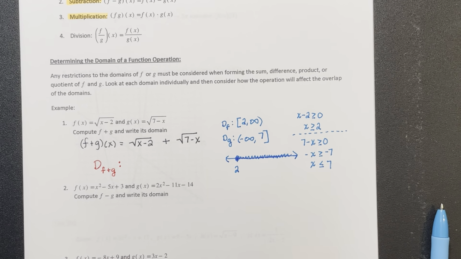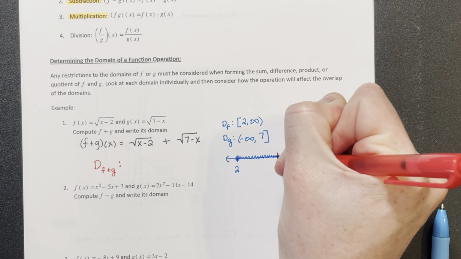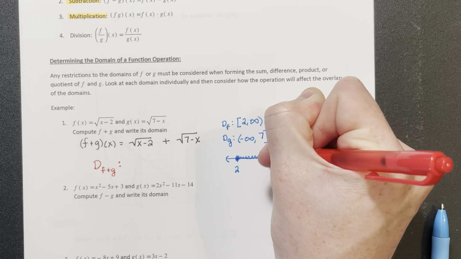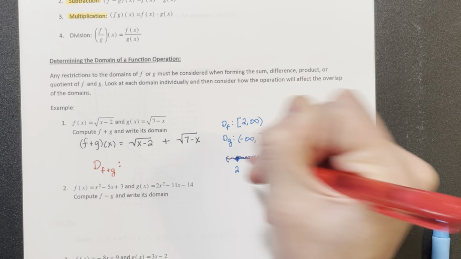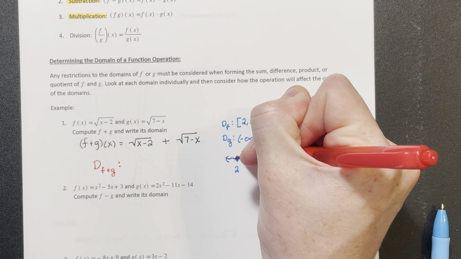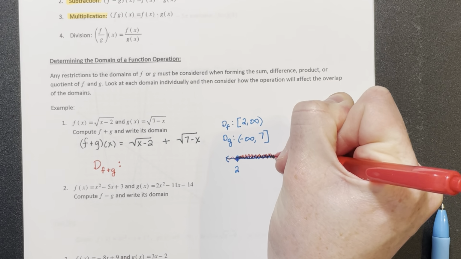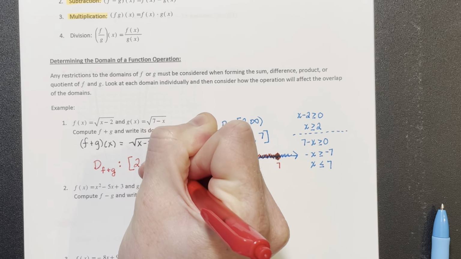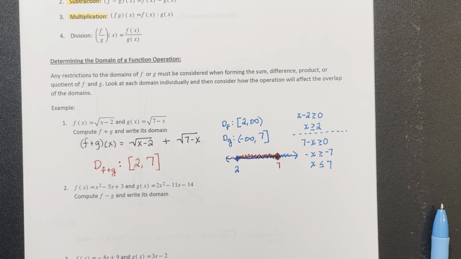And then for 7, it would be a closed circle at 7 and shaded to the left. So when we see the overlap, right here in the middle is the overlap section. So our domain would be bracket 2 all the way to 7, closing bracket there.